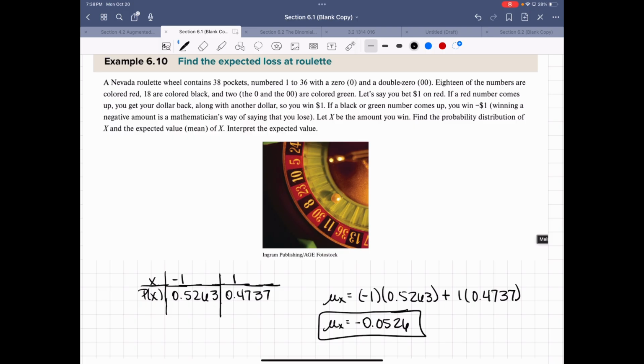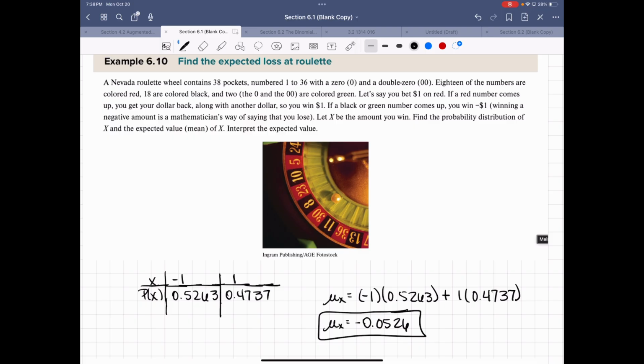If a red number comes up, you get your dollar back along with another $1, so you win $1. If a black or green comes up, you win -$1. Winning a negative amount is a mathematician's way of saying that you lose. You lost your dollar, okay? Let X be the amount you win.